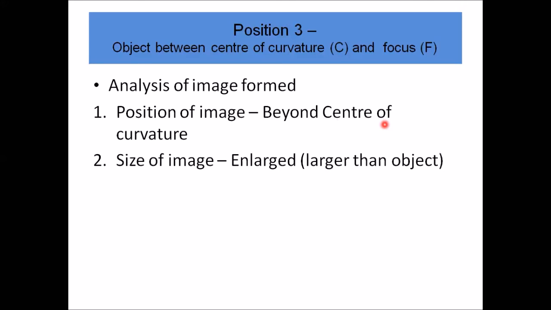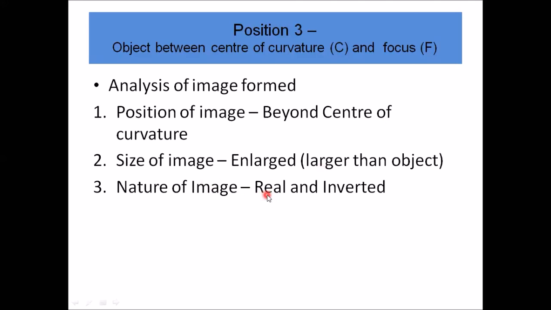And the nature of the image: the rays are actually meeting, intersecting somewhere, which means it is a real image, and you have seen that it is formed below the principal axis. That's why it is inverted.